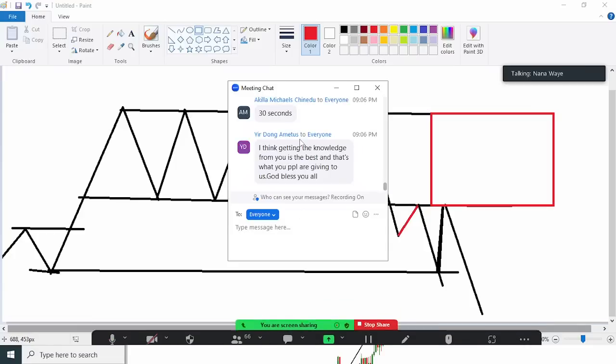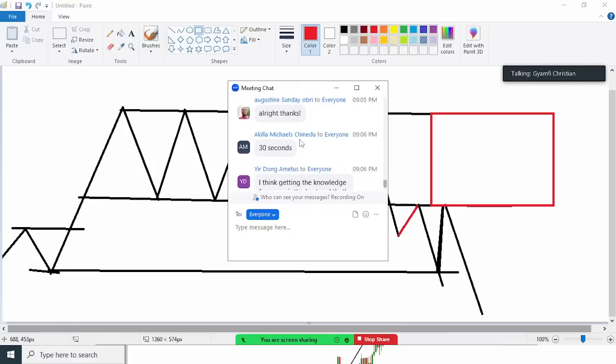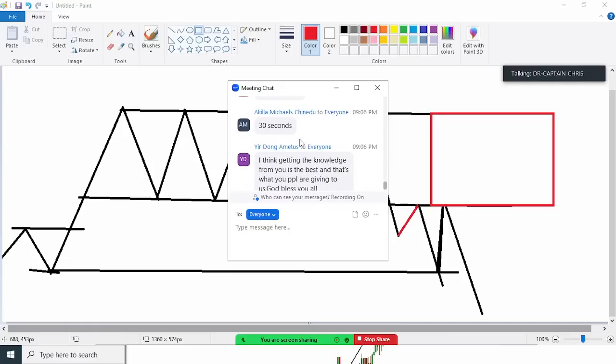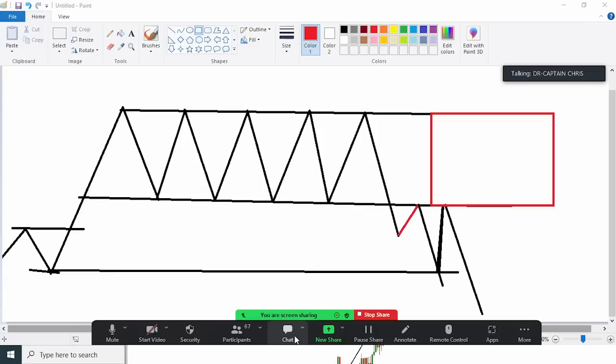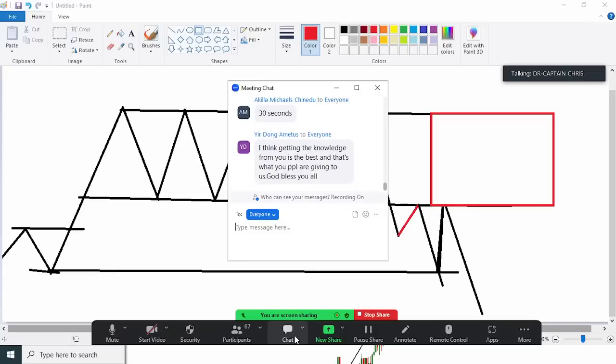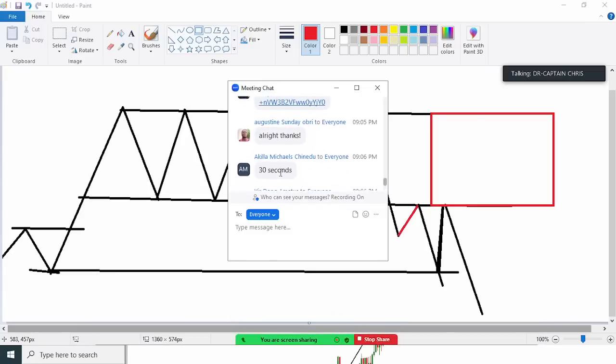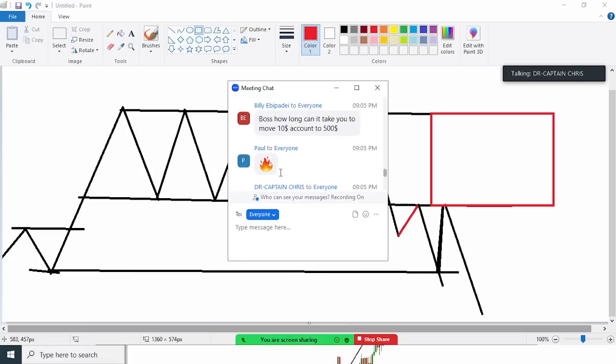Yeah, Chris. Let me add this before you answer. Bear in mind, guys, one thing you have to identify when there's a breakout: the last candlestick that breaks it out comes with speed, meaning it comes with a full body. Most of the time it comes with a full body, or the wicks are very small.